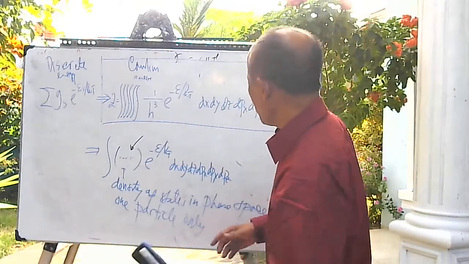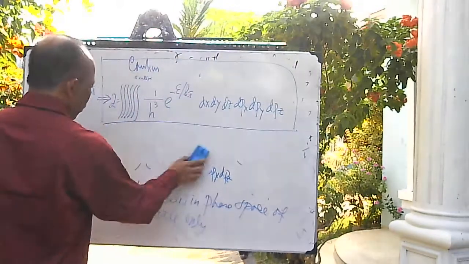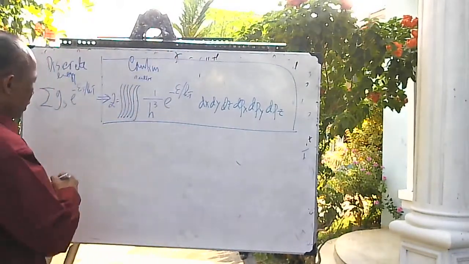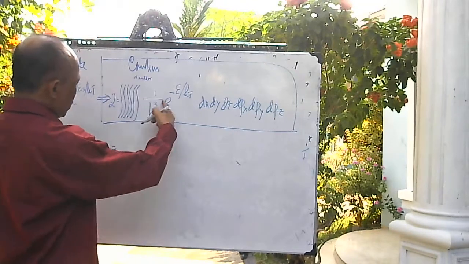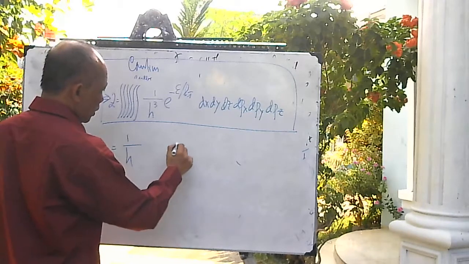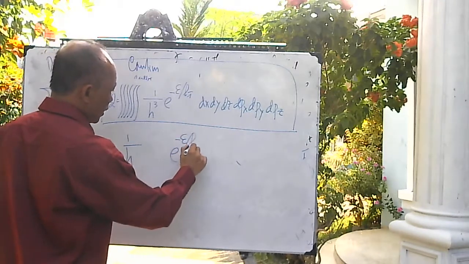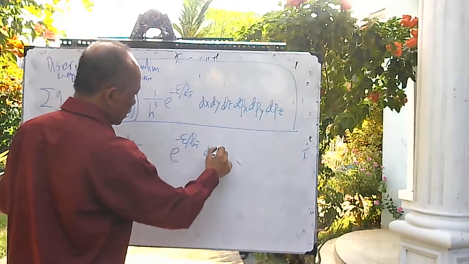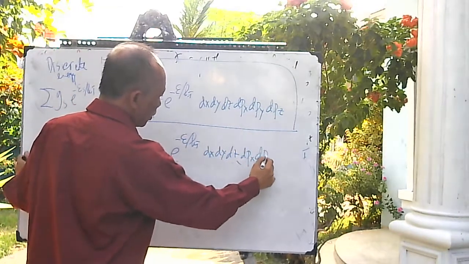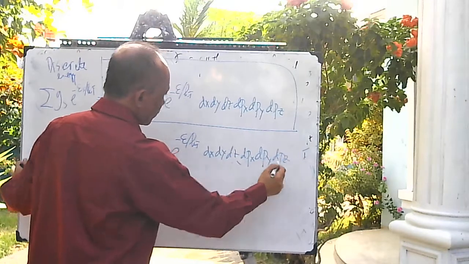We will solve this expression. For simplicity, because this is constant, we can move it outside the integral: exponent minus epsilon over kT, dx dy dz dpx dpy dpz.